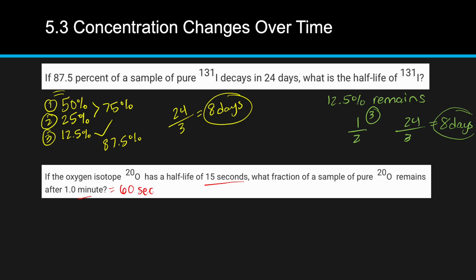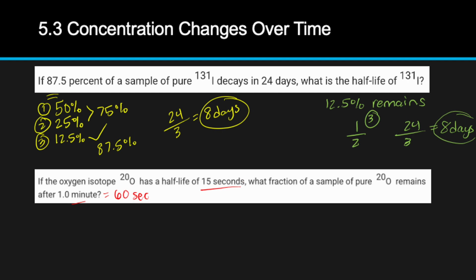And because we know our half-life is 15 seconds, we have 4 of those that can occur in 1 minute. So because we now know that 4 half-lives have passed, we can take 1/2 and raise it to the 4th power, and that's going to give us 1/16 remaining.